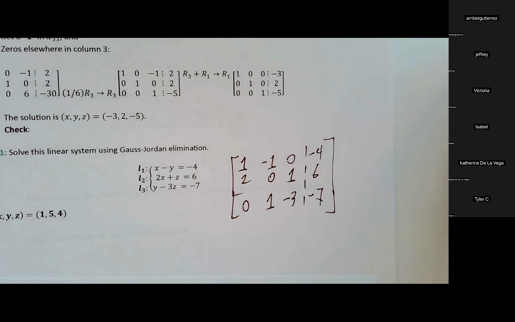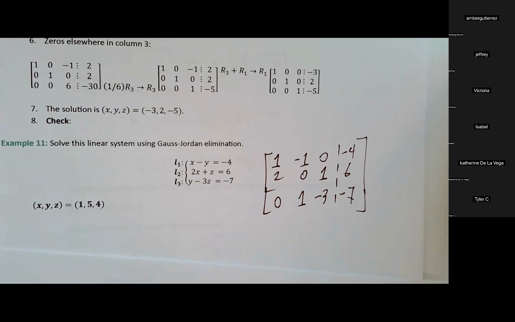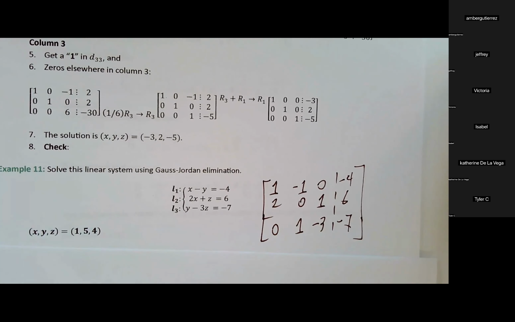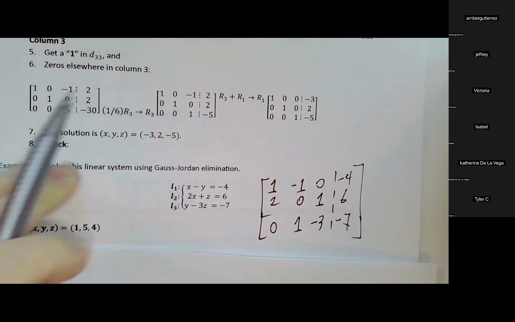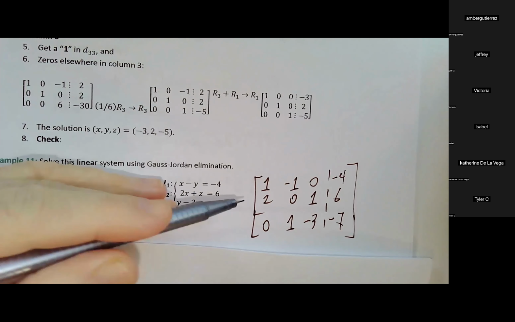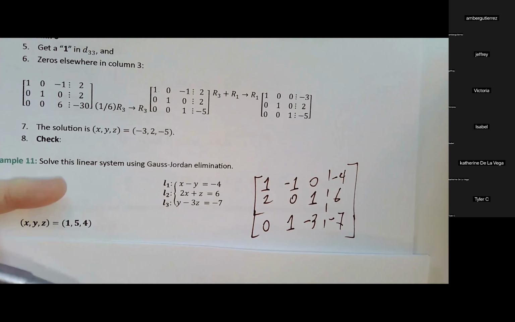Let's go back to the overhead. So we're going to walk through the solution to this system. We've got our initial matrix, and we're happy because we have what? Why are we happy? We have a couple of ones and zeros where they're supposed to be.